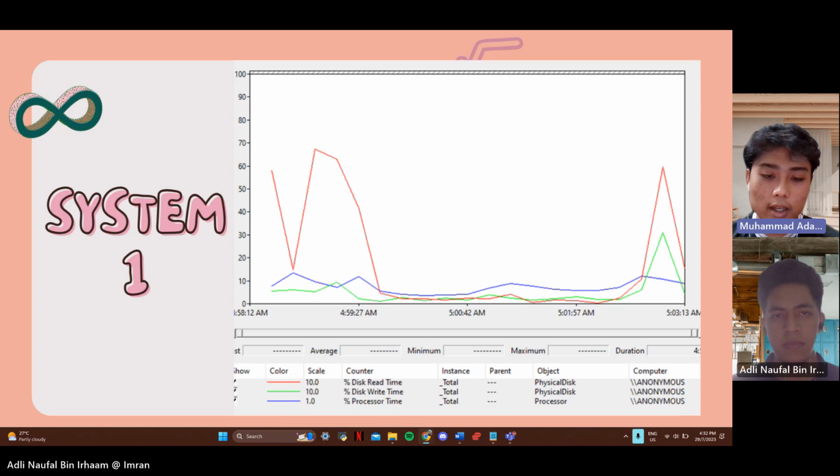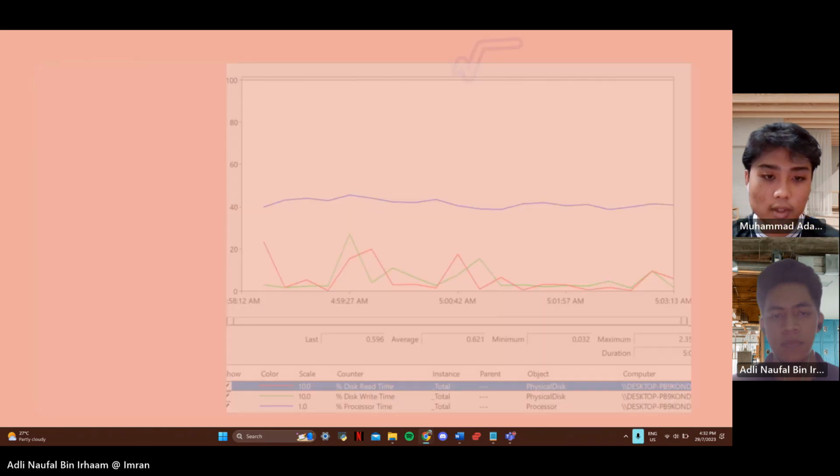And then it went back up high again at the end of the performance monitor. By the way, this performance monitor was taken for a total duration of 5 minutes, and every 15 seconds, a sample was taken.